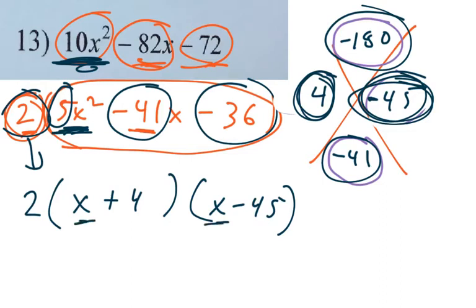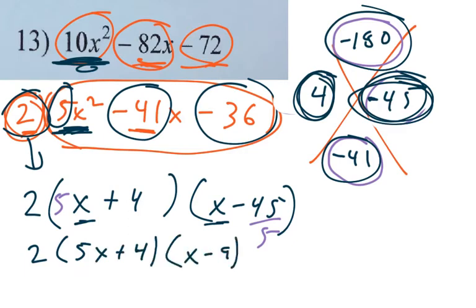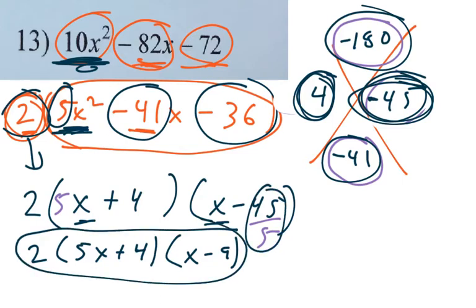So I need a 5 in there. So what was the trick, guys? We divide one by 5. We times the other one by 5. So now we get our answer. 2 times 5x plus 4, x minus 9. 45 divided by 5. And that would be the correct answer.